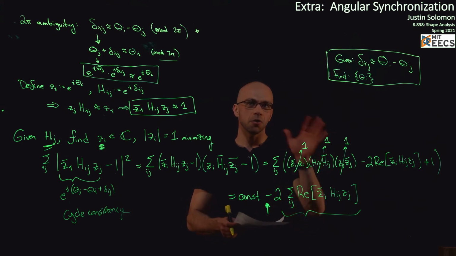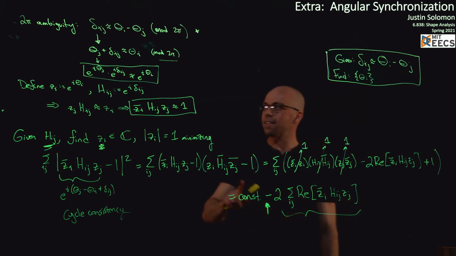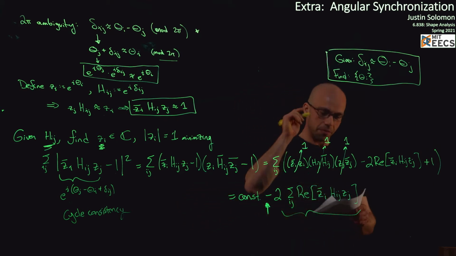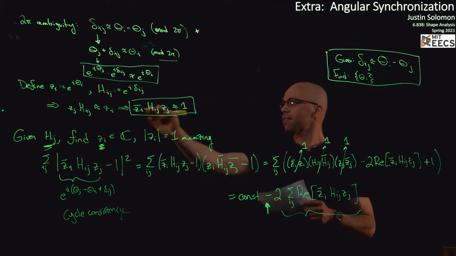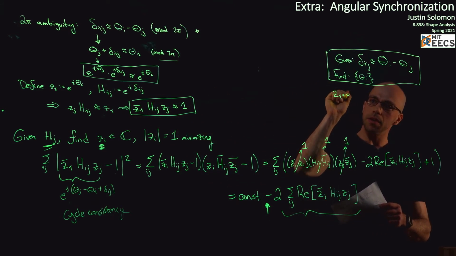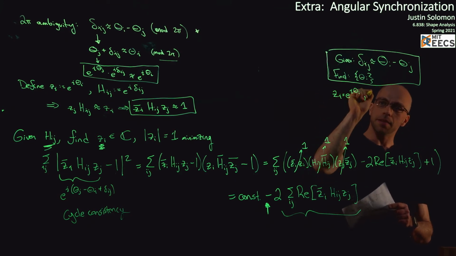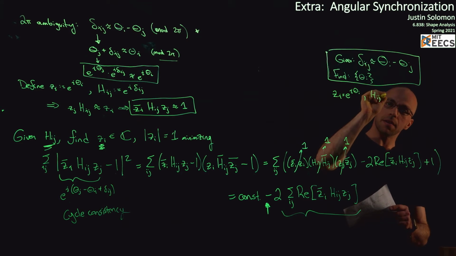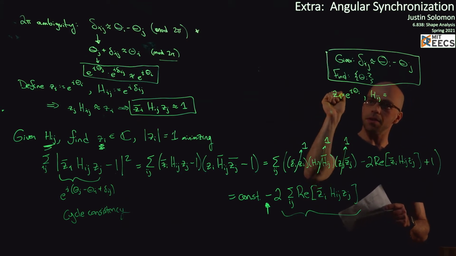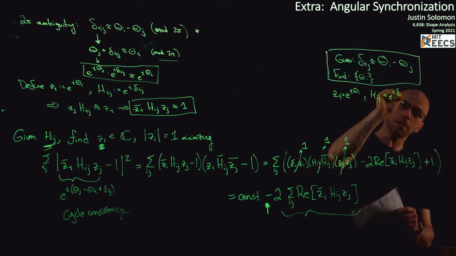I'm going to erase the entire board here, so take note. And just remember the z's, in fact, maybe I can even write it here just so we don't forget. So let's define zi is equal to e to the i theta i, and hij is equal to, by definition, e to the i delta ij.